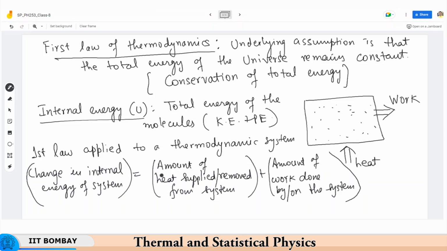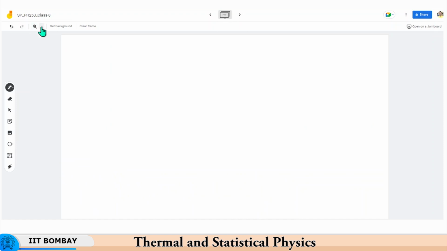In terms of notations, I can simply write that the change in internal energy delta U is basically the heat supplied or given to the system plus the amount of work done by or on the system, all right.